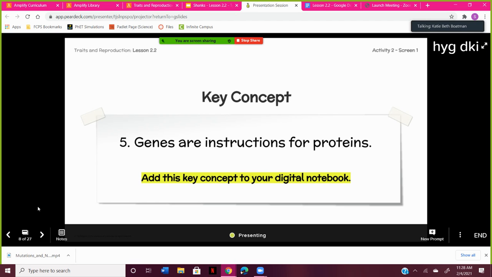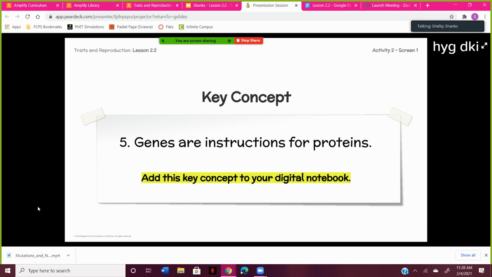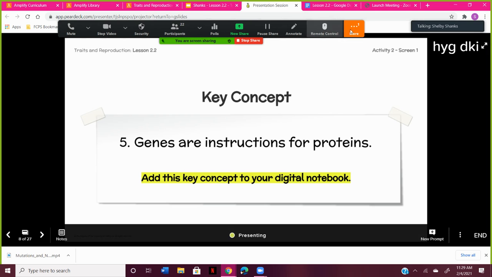Wait, I have a question. When did we do the temperature lesson 1? That was on Tuesday. We may not have had any key concepts in there. Do we need our Amplify open? No, we're not doing it. We're in the Google Doc. You don't need Amplify open. Katie, we may not have had any key concepts down. That may be why you don't have anything for lesson 2.1. I don't have anything for the blanks set. Those are supposed to be important ideas.